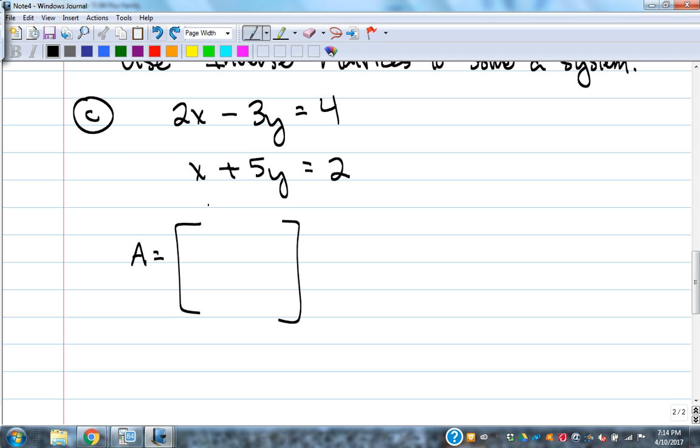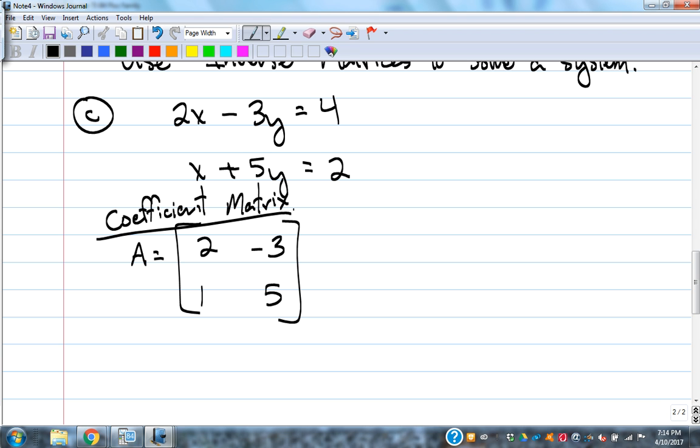So it's 2, negative 3, 1, 5. That's the coefficient matrix. Okay. The idea is that you find the inverse of that. We'll find A inverse.